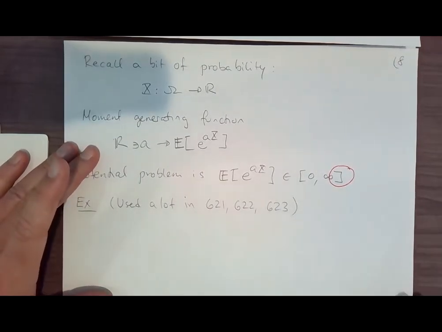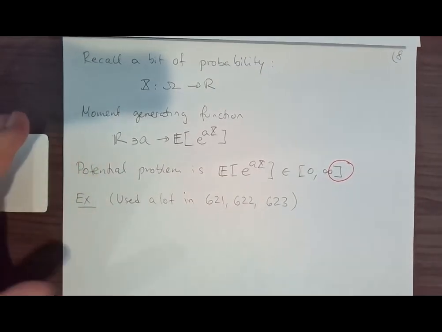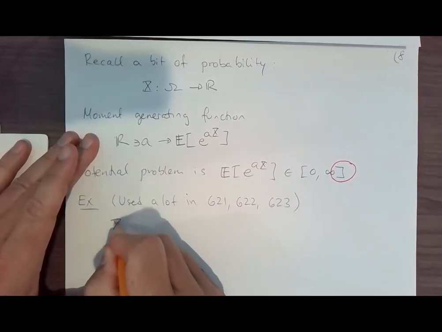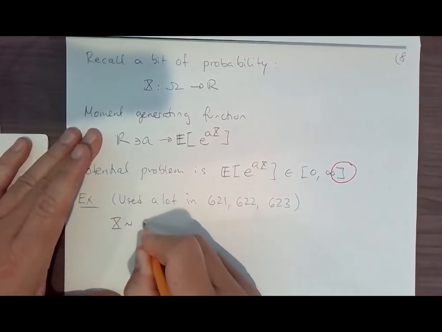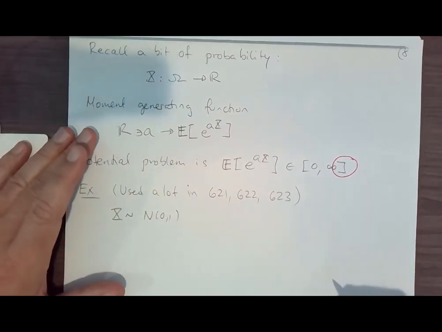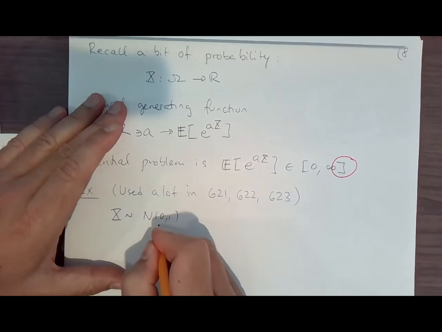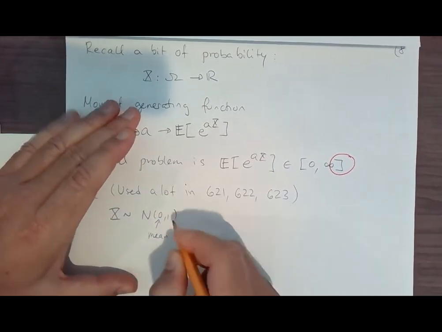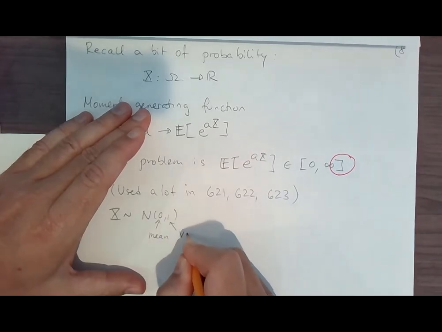One of the most standard examples is to take X normal, with mean and variance 0 and 1. The first entry here is the mean, and the second entry is the variance.